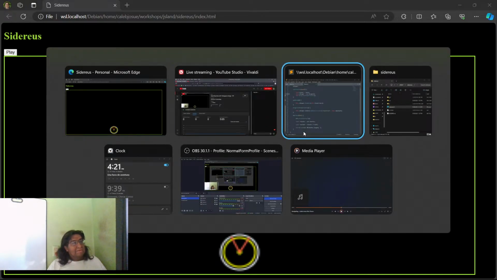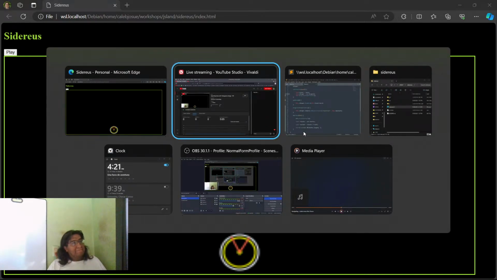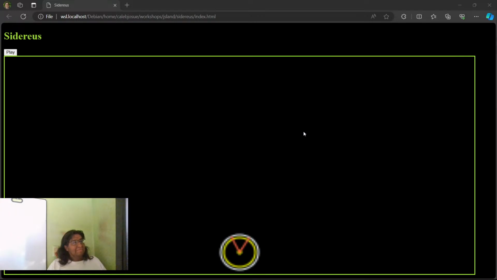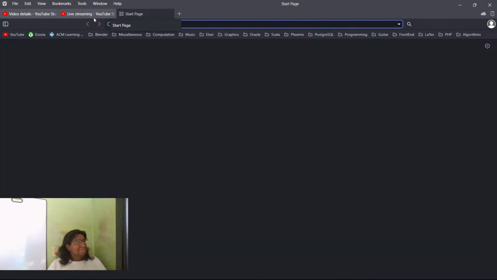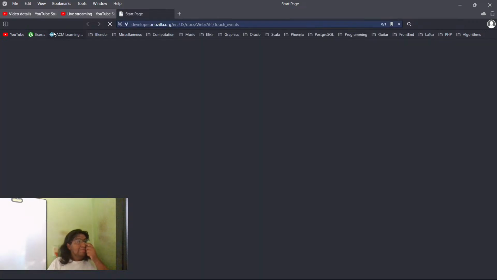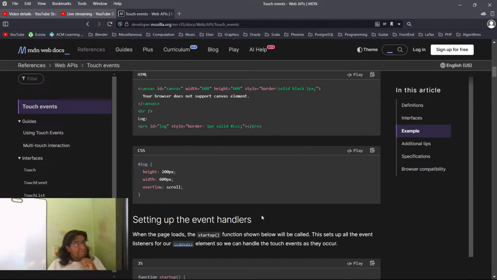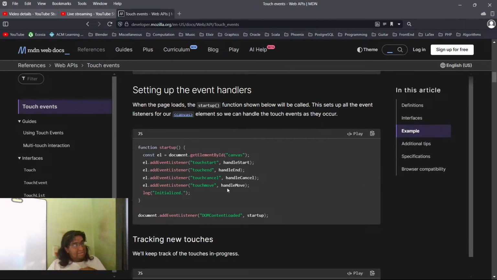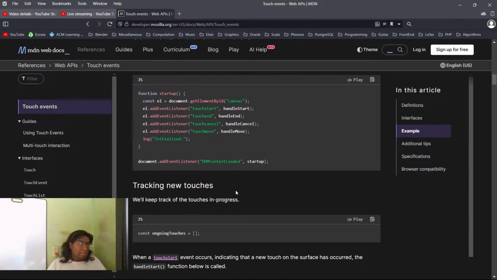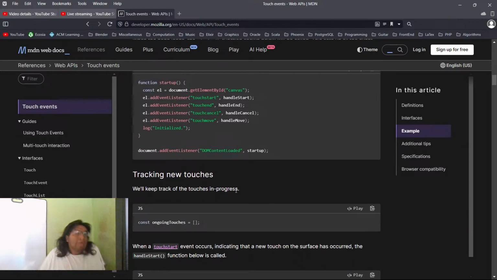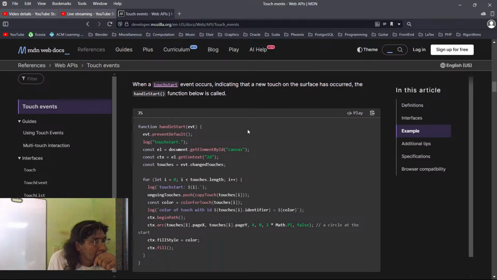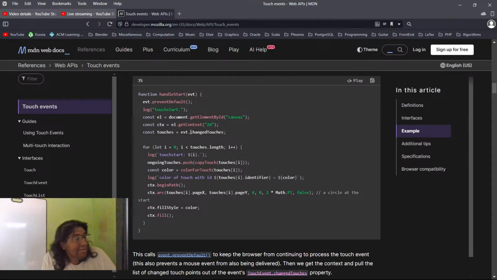All right, so we will need our MDN developer website. We should have stored those touch events. Okay, touch events. We have this definition. Then we have our handle move, touch start.